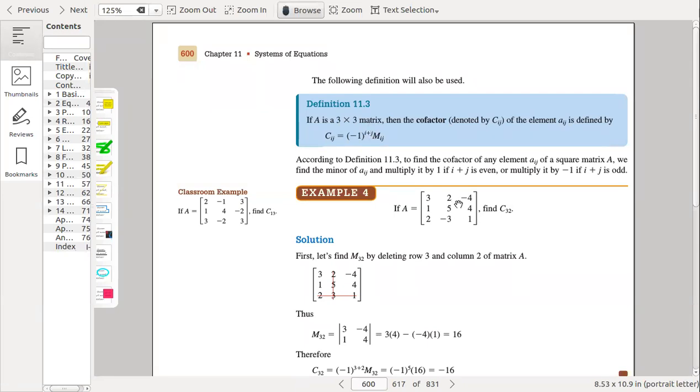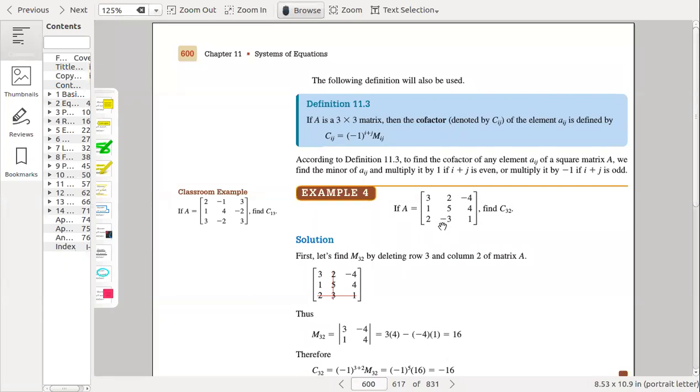So if we have a matrix A equal to 3, 2, minus 4, 1, 5, 4, 2, minus 3, 1, the order of this matrix is 3 by 3. Find C32. It means we have to find the cofactor of the entry at third row and second column. So what is the entry? Minus 3. First we will calculate the minor of this entry.